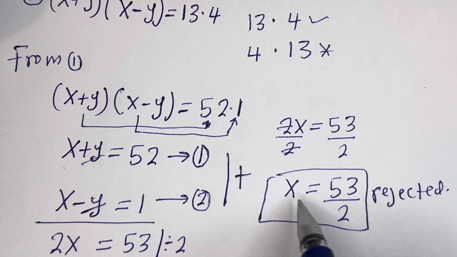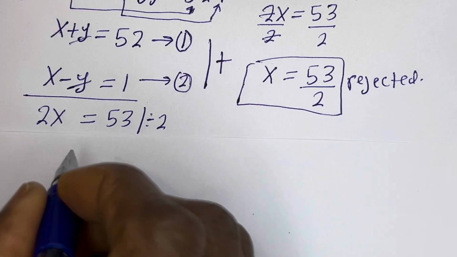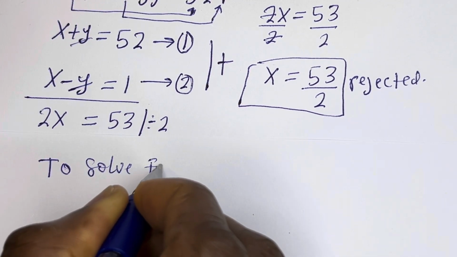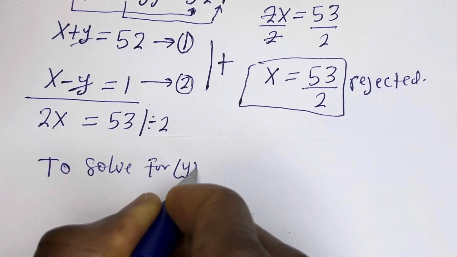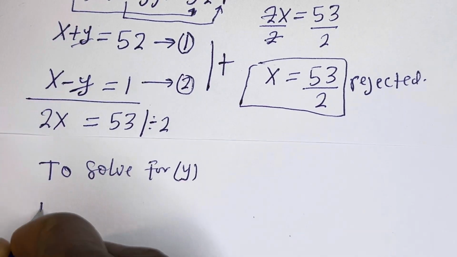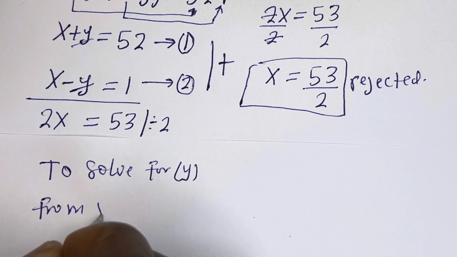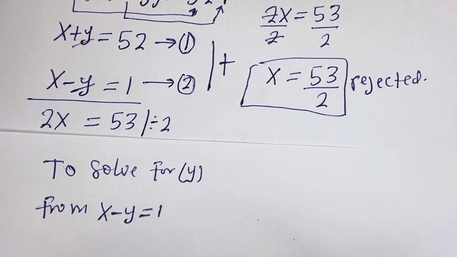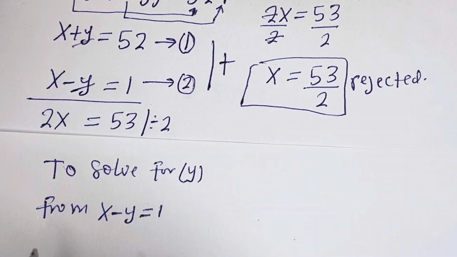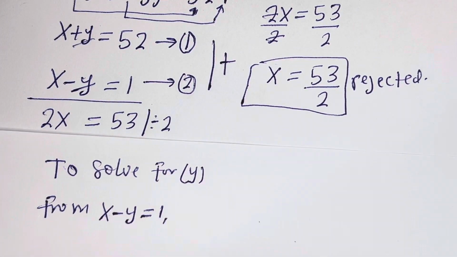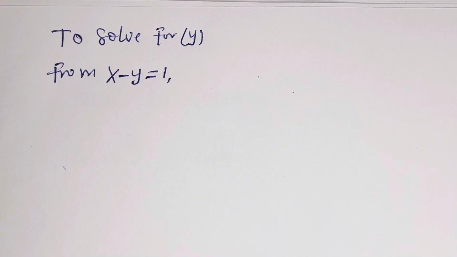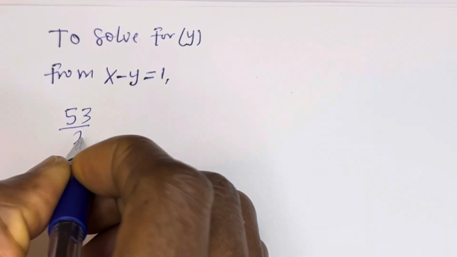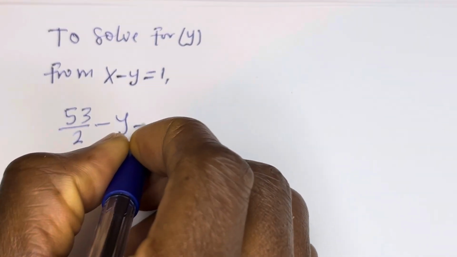We've gotten the value of x. Let's solve for y. To solve for y, from x minus y is equal to 1, when x is 53 over 2, this is 53 over 2 minus y is equal to 1.